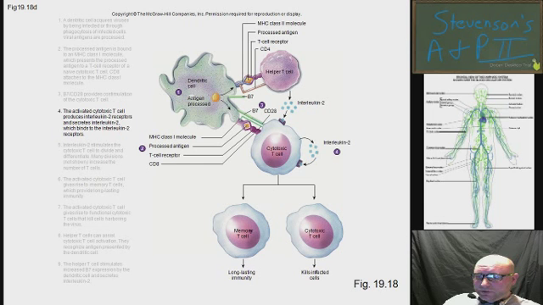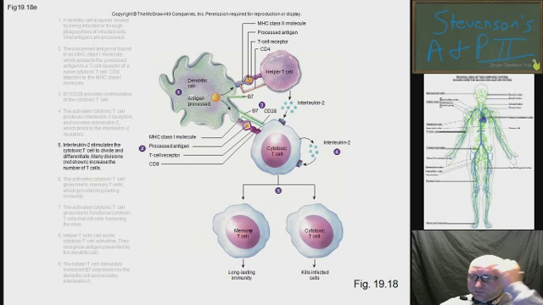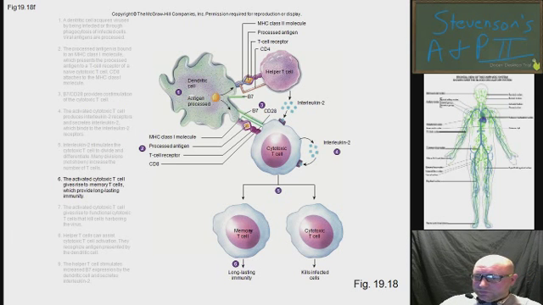That interleukin-2 then binds interleukin-2 receptors. So what does interleukin-2 bind? It binds interleukin-2 receptors. Interleukin-2 then stimulates the cytotoxic T cells to divide and differentiate, and many divisions increase the number of T cells.